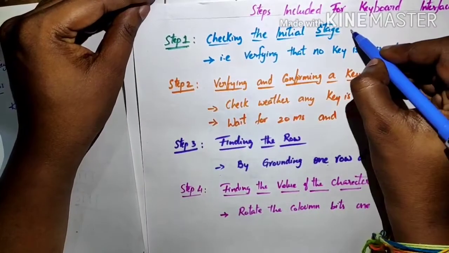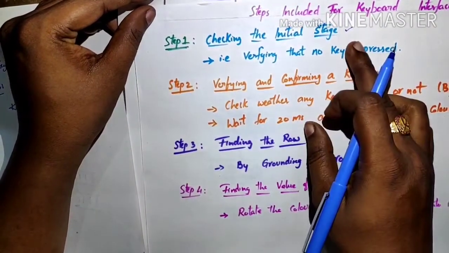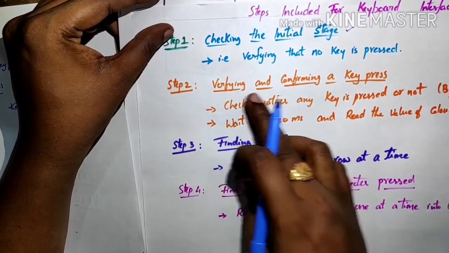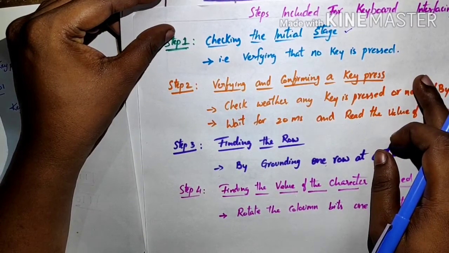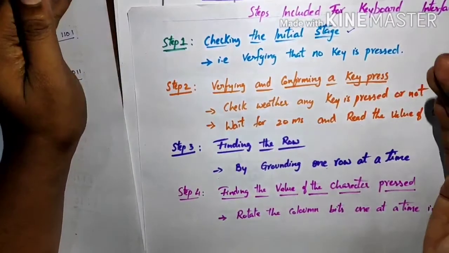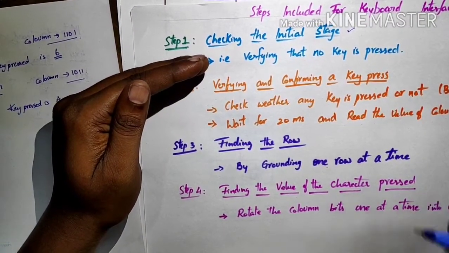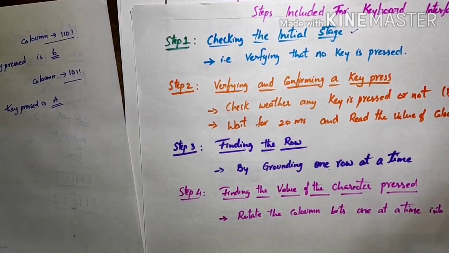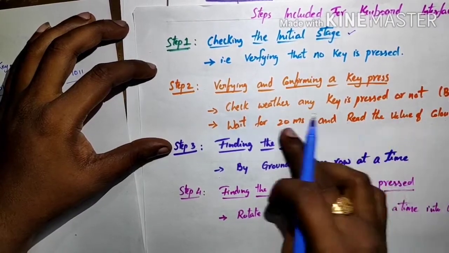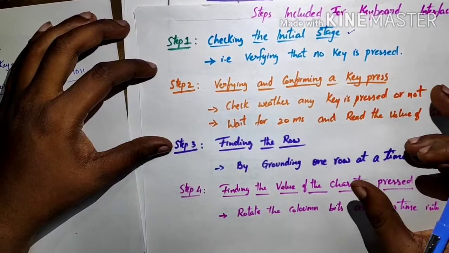Okay, in step 1 it will check the initial stage, whether all keys are open or not. In step 2 it will verify the columns, and if there is any key press, it will not confirm it, it will wait for 20 milliseconds and again read the columns. Why are we waiting? Because in these 20 milliseconds there may be a spike noise.